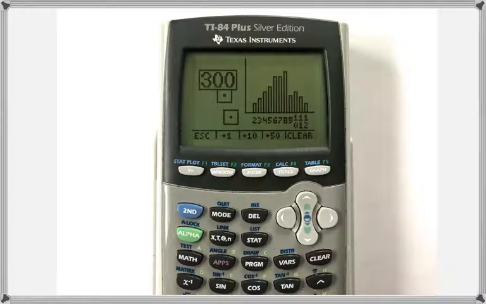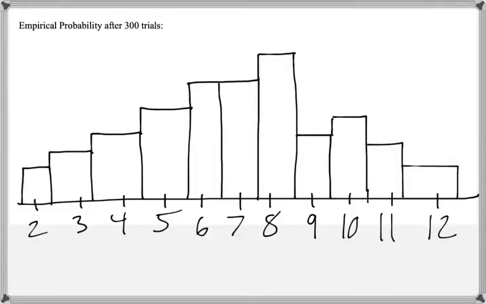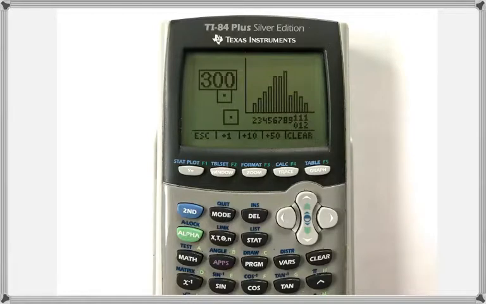And our graph looks like this. So still not perfectly symmetrical. It is getting closer though. And it is important to note that your graph of 300 may look totally different from my graph of 300.